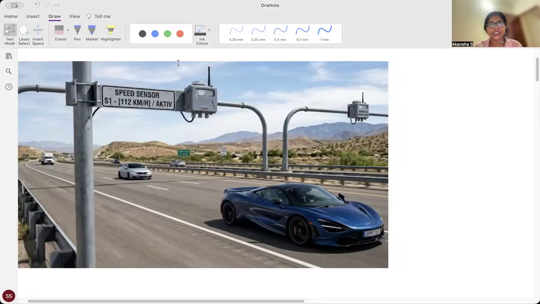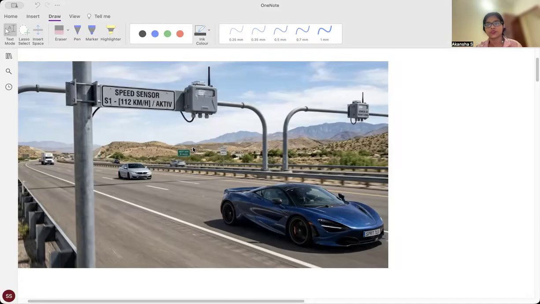So over here, as you can see, there is a sports car on a highway. Notice that this sports car is passing on this highway through two sensor markers.